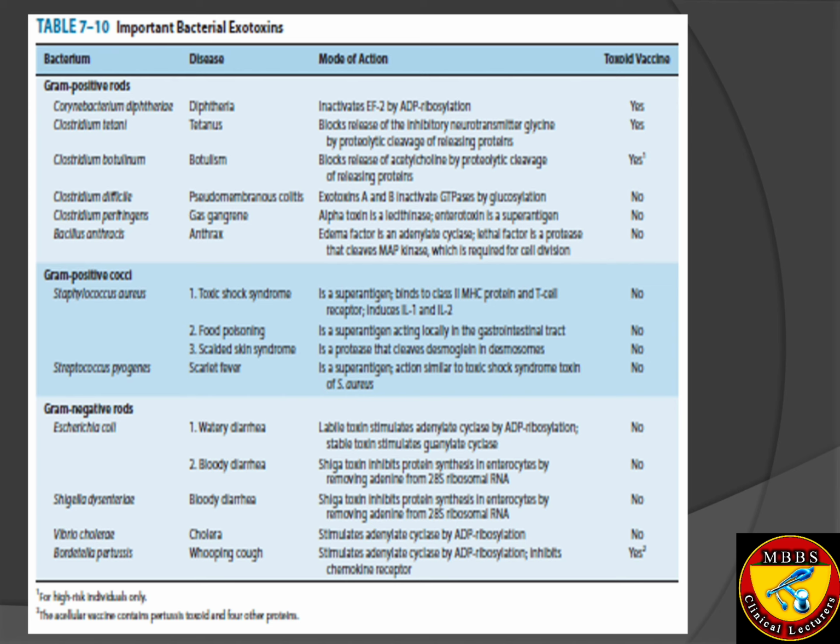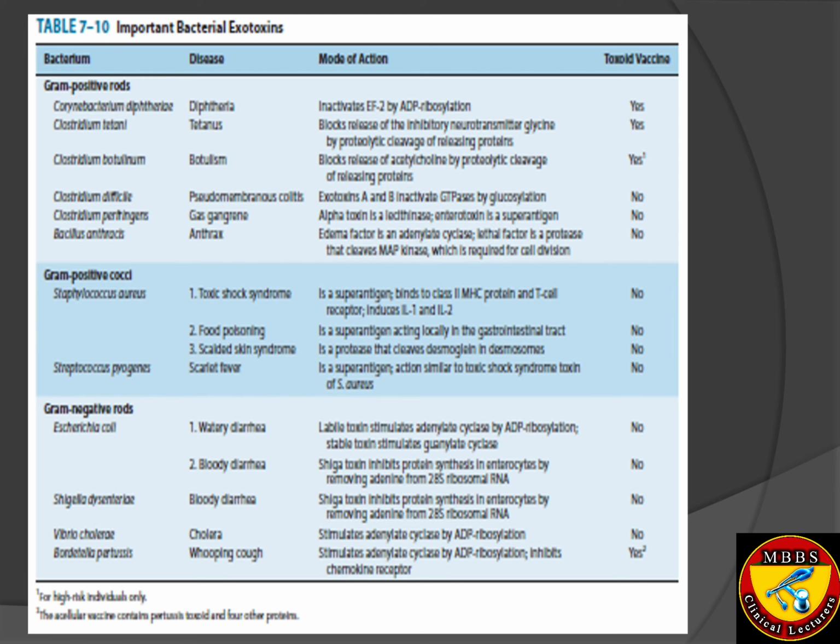This is also present as food poisoning caused by Staphylococcus aureus, in which it acts as a superantigen on the GIT. Then the toxin of Staph aureus also causes scalded skin syndrome, which causes a lot of skin infections, and this toxin is a protease that cleaves the desmoglein in the desmosomes. Then coming to Streptococcus pyogenes, it can cause scarlet fever, which is a superantigen again.